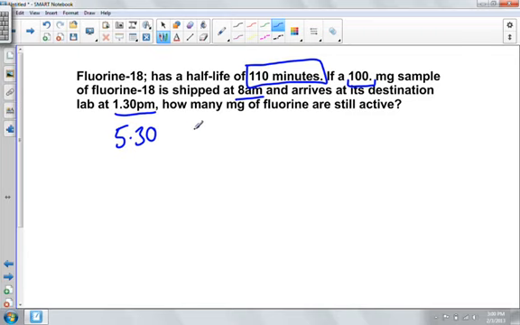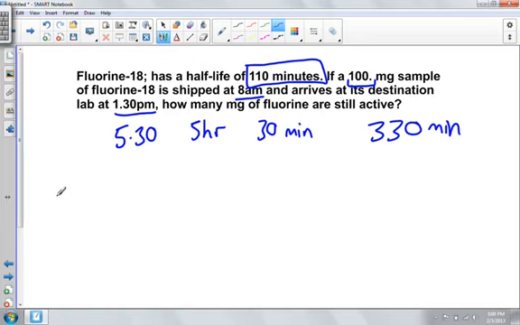The reason I'm doing this is because our half-life is in minutes, so we've got to convert all this into minutes. 1 hour is 60 minutes, 5 hours is 300 minutes, so the total time that this is in transit is 330 minutes.